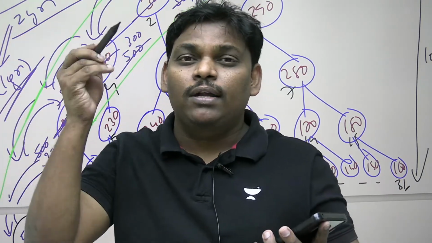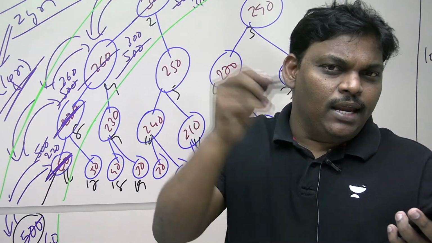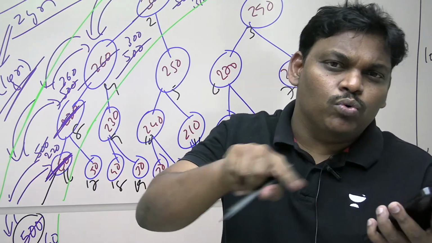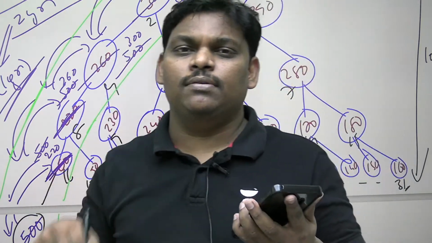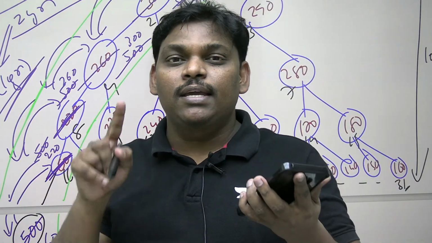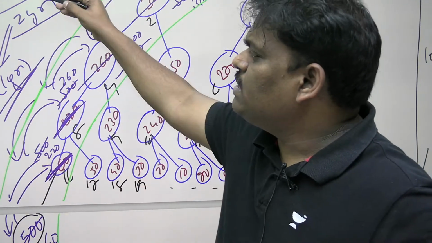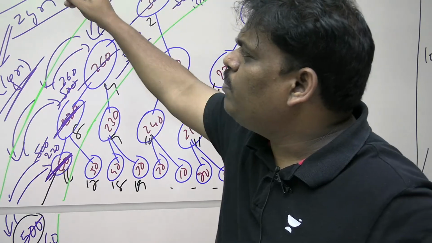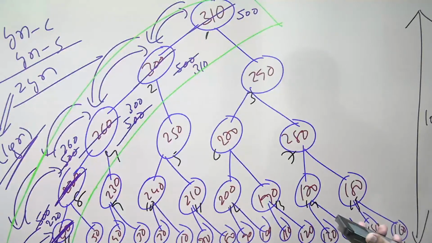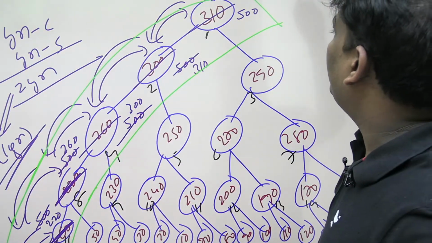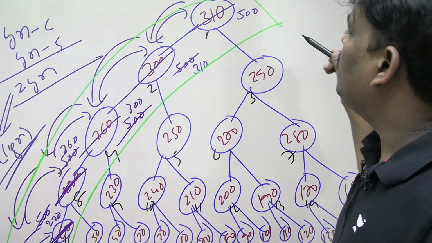I think this is called linear search. The green path I marked, from bottom to top, every person you asked. Asking every person is linear search. See, log n people are there, log n people asked, log n comparison, log n swap.